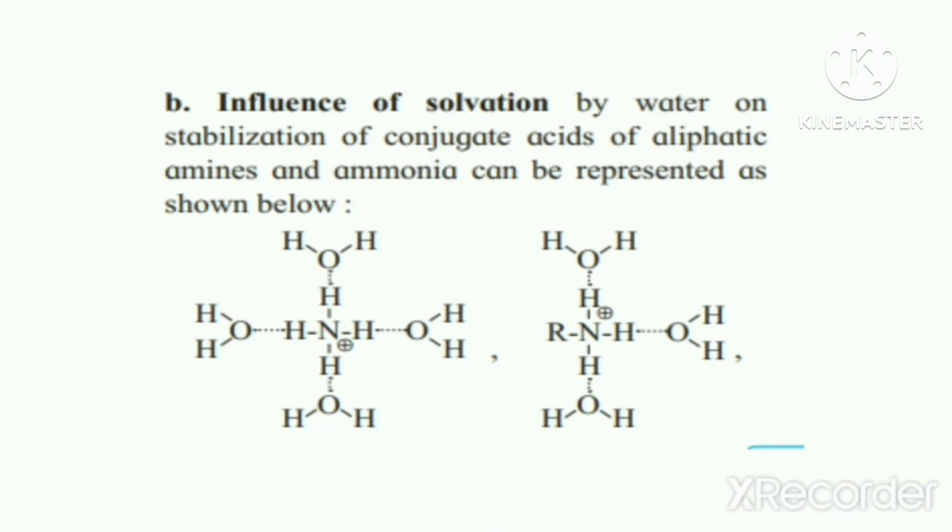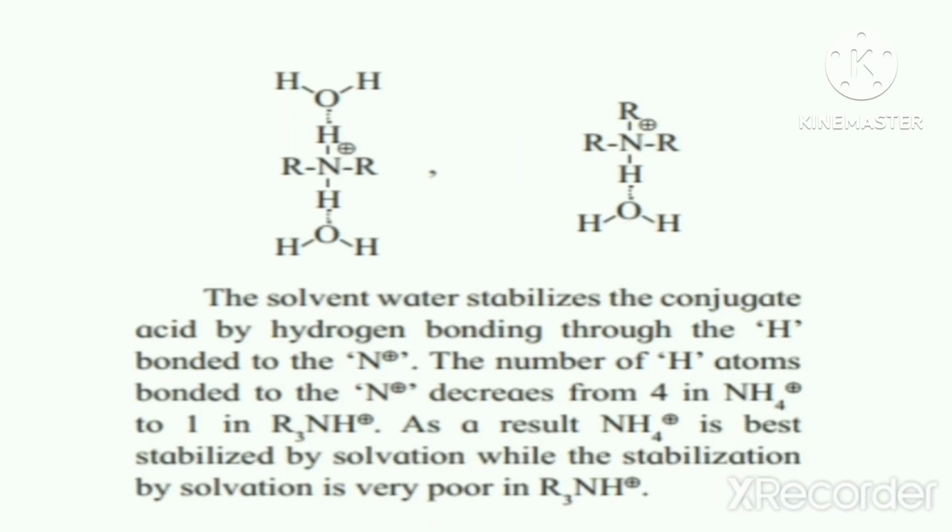The influence of hydration by water on stabilization of the conjugate acid of aliphatic amines and ammonia can be represented as follows. Ammonia with water, this is a primary amine with water, this is a secondary amine, and this is a tertiary amine. The solvent water stabilizes the conjugate acid by hydrogen bonding to the nitrogen.